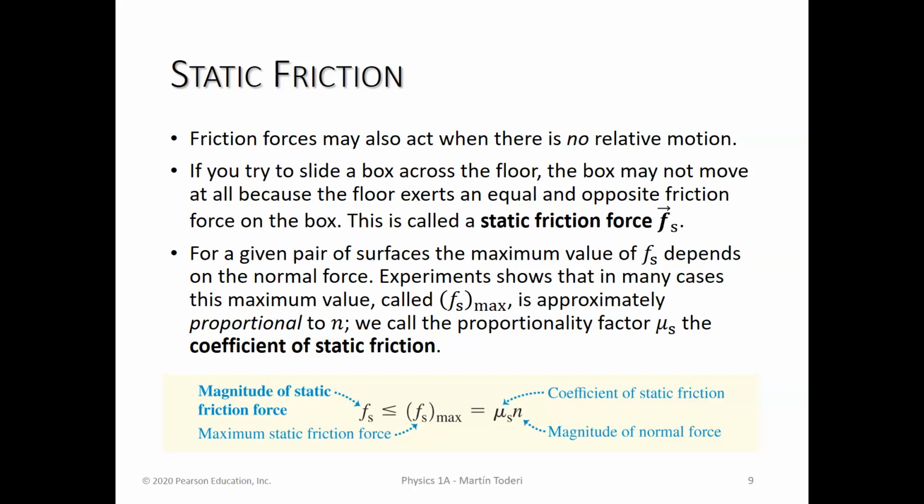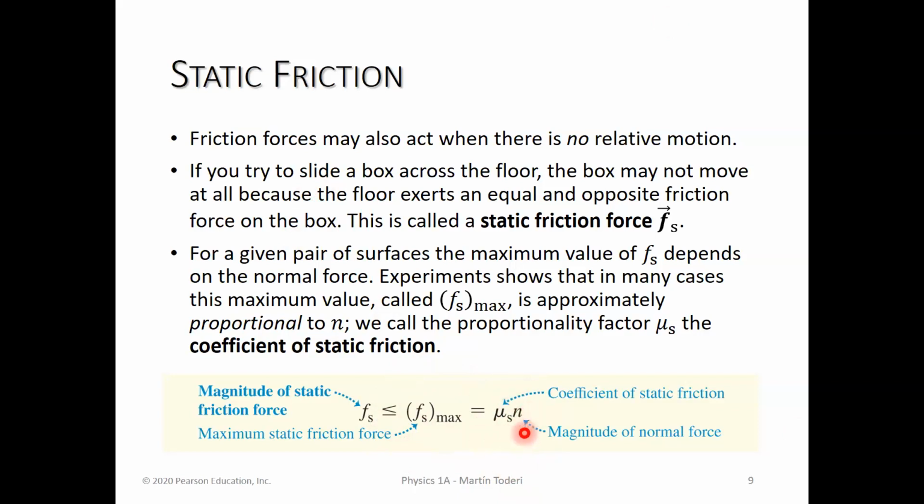Okay, so same as before, for a given pair of surfaces, notice that the maximum value of the static friction will depend on the normal force. So we can say that the maximum value of the static friction equals the static friction coefficient times the normal force.